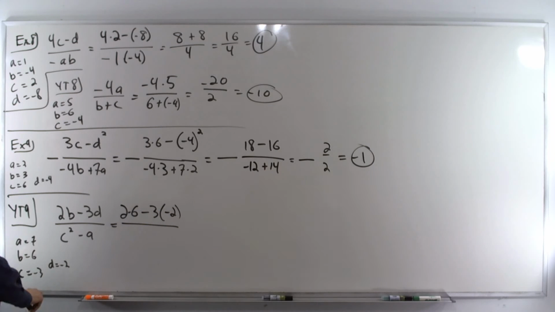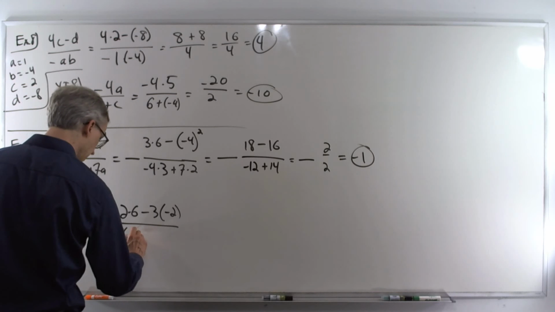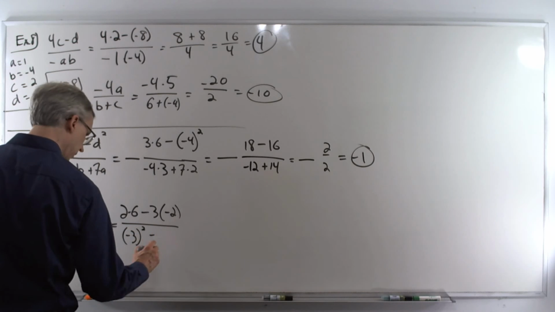And on the bottom, C squared, C is -3, so put that in parentheses, and square it, minus A, which is 7.